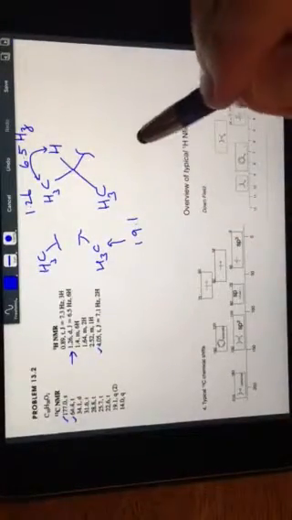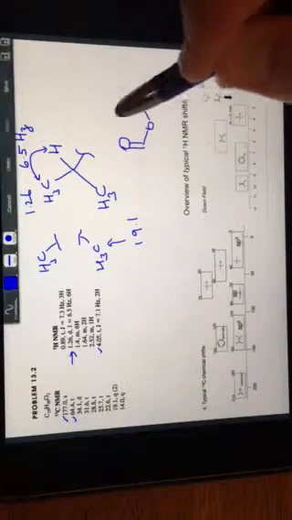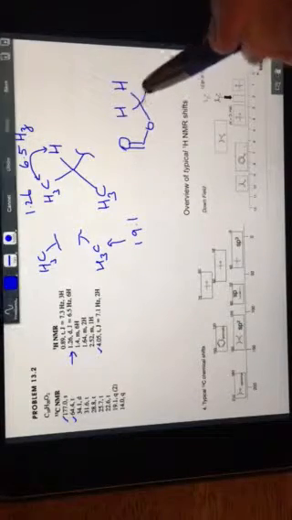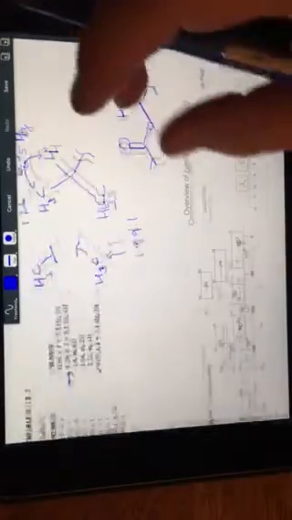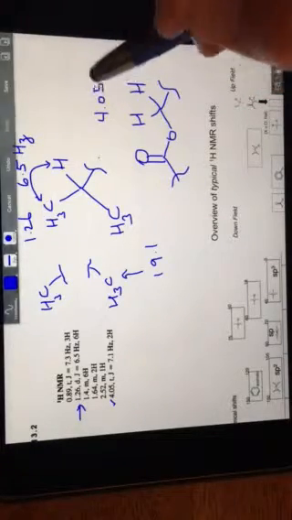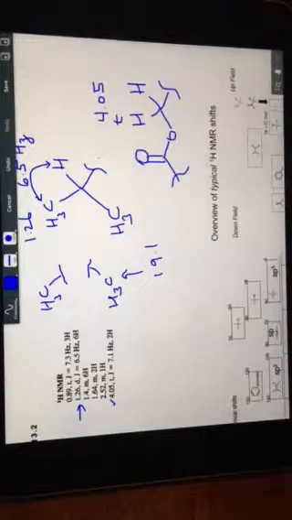All right, so from that information, we can go back to our ester and fill in that we have at 4.05 a triplet with a 7.1 hertz coupling constant, okay?